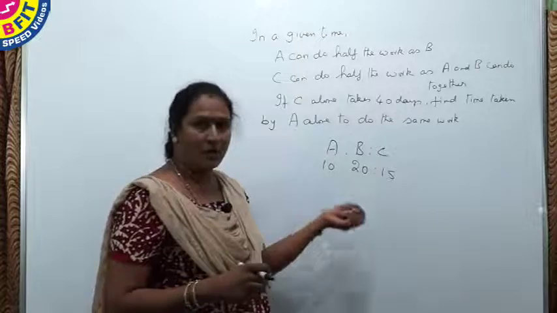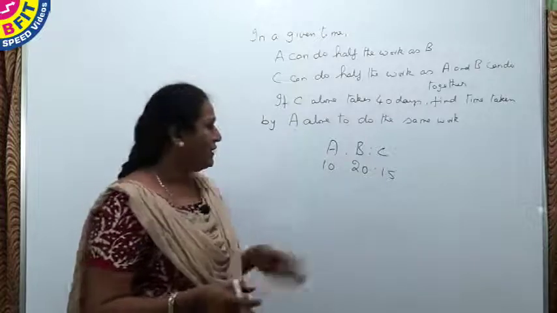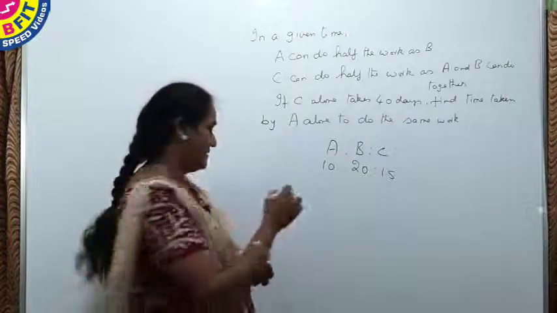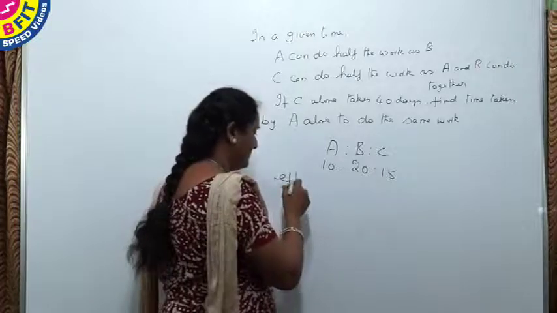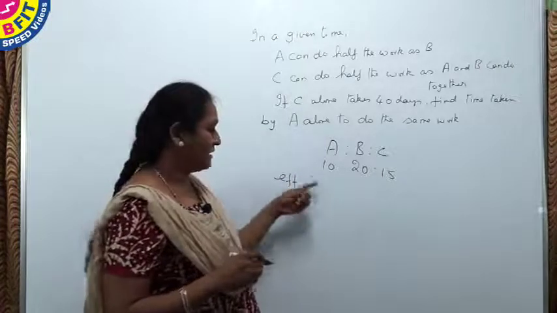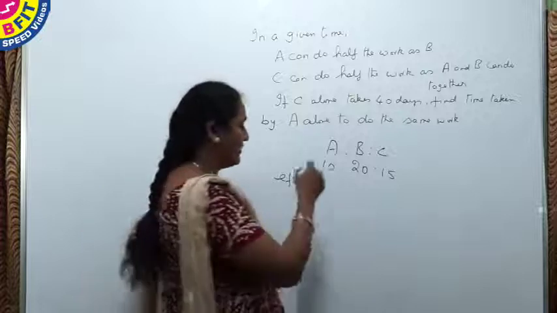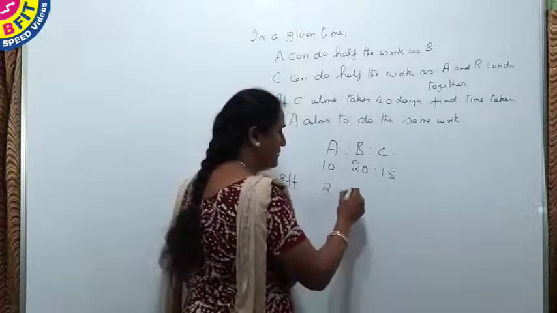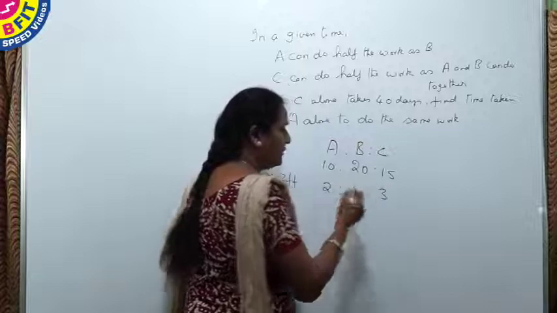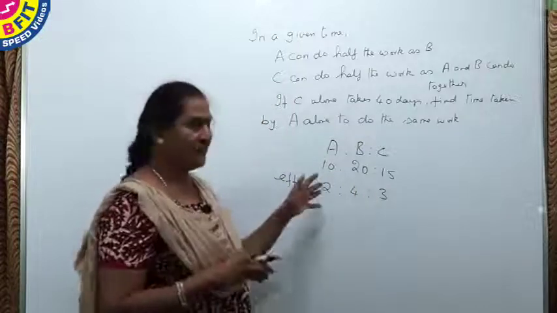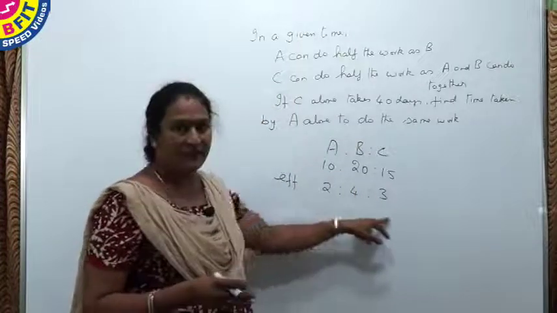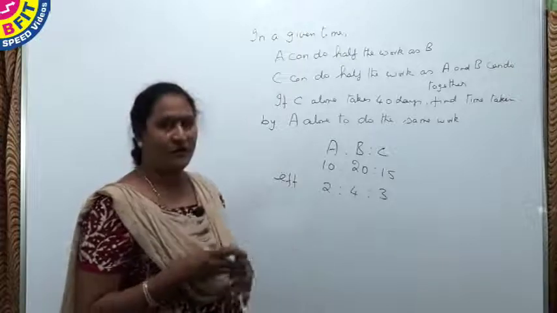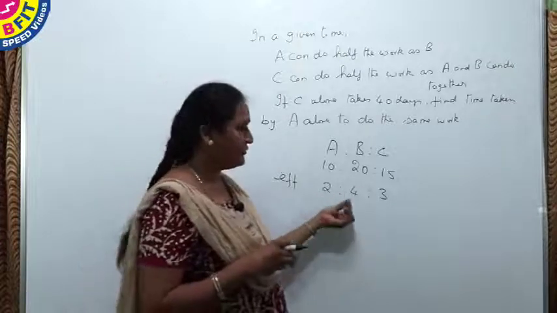So whatever common factor you have, you simplify, you can get the ratio of efficiency. So what is the efficiency here? The common factor is 5. So when you simplify, it is 2:4:3. So whatever value you take, you will end up with the same ratio. Here we have got the efficiency ratio as 2:4:3.